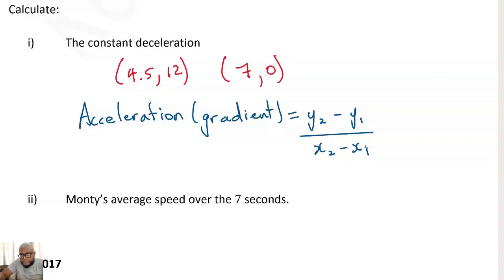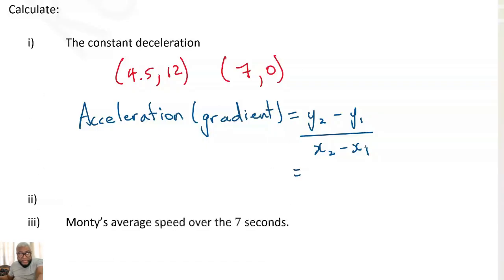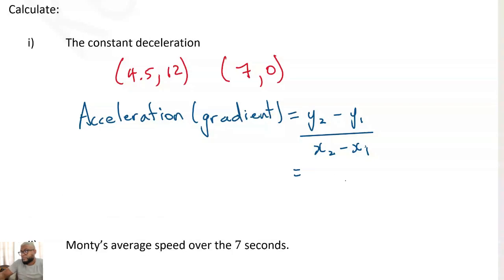So who's next on my screen, Melika? What is y2 here, Melika? What is y2? Excellent. Adams, what is y1? Y1 is 12. Excellent. Aaron, what is x2?